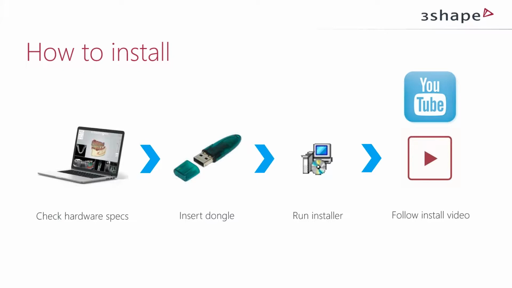Hardware requirements can be found in the user manual, and I will show you where to find the user manual later on during the webinar. So we insert the dongle and run the installer as administrator.